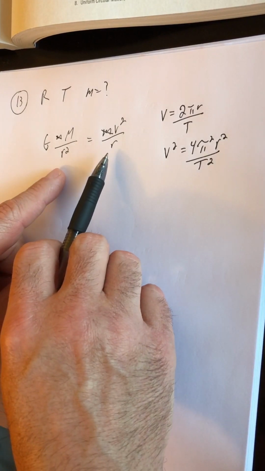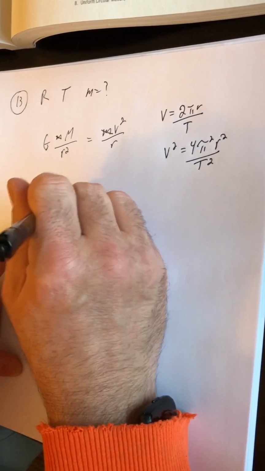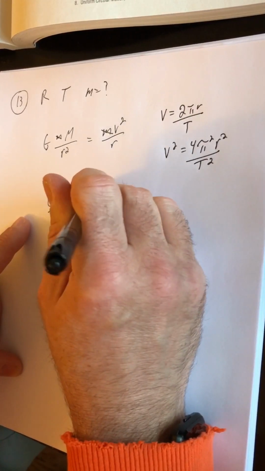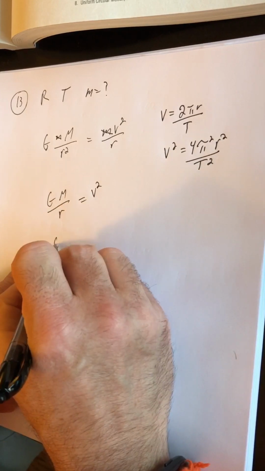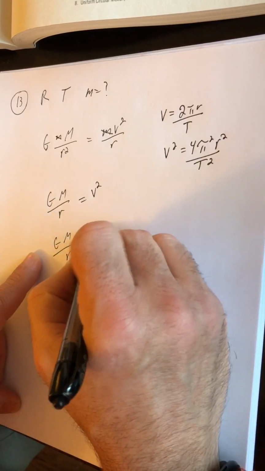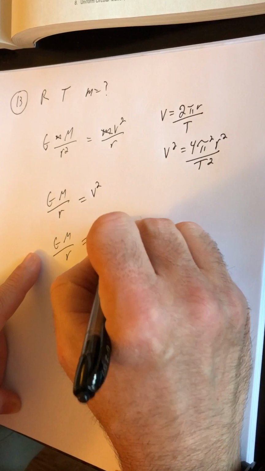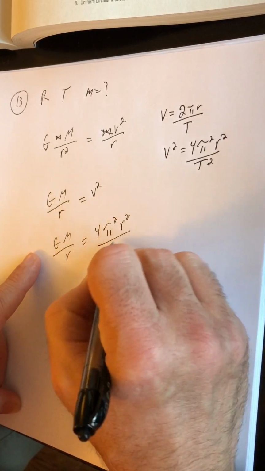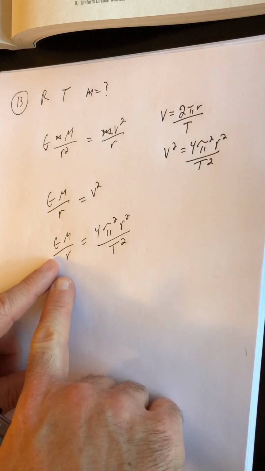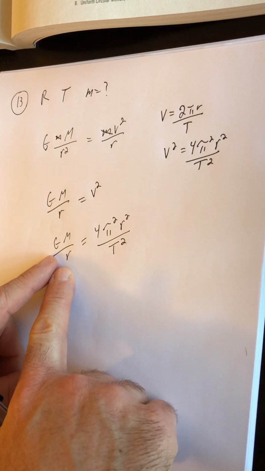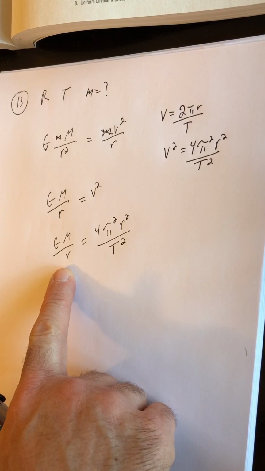Also, one of these r's is going to go away. So I get G m over r equals v squared. And now let's plug in all the v squared stuff. So G m over r is 4 pi squared r squared over T squared. And I've got to solve this for the mass.